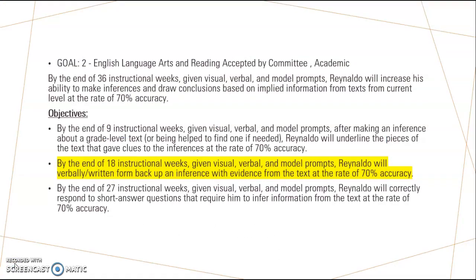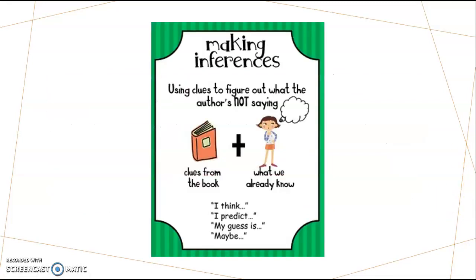So for goal number 2, Ray, we are going to continue talking about making inferences and drawing conclusions based on the information of the text we are reading. So we know that making inferences is using clues to figure out what the author is not saying.